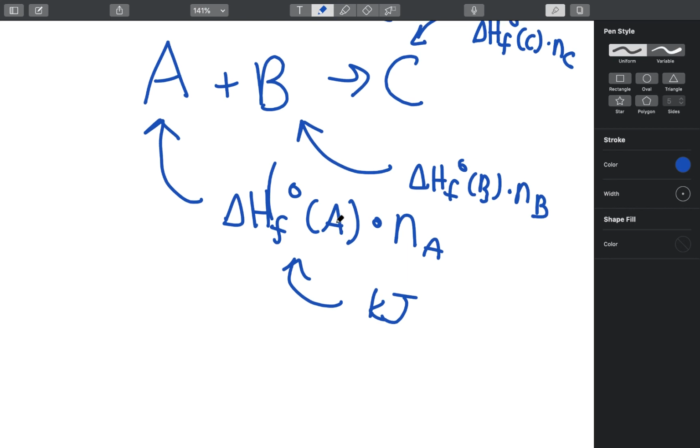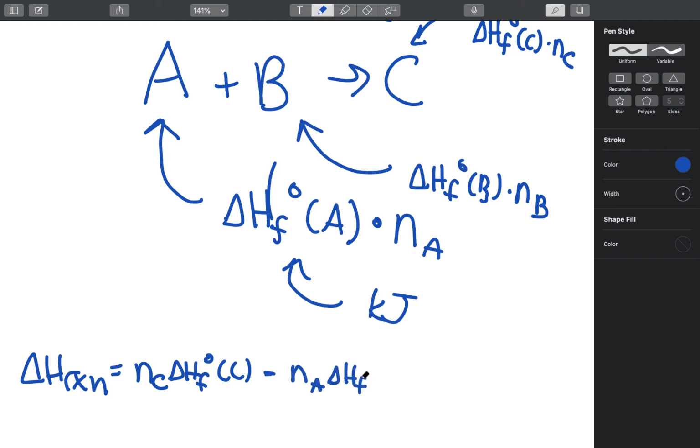So for this reaction here, the heat of reaction is equal to moles of C times the heat of formation for C, minus moles of A times the standard heat of formation for A, and moles of B times the standard heat of formation for B. So that's how you find the heat of reaction for this particular reaction.